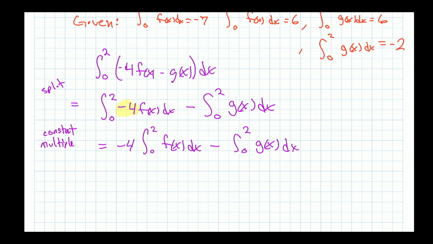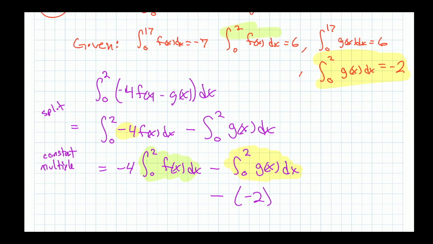And then finally, we're just going to look these up. So I've got 0 to 2 of g, that's minus 2. The other one, 0 to 2 of f, here it is, is 6.